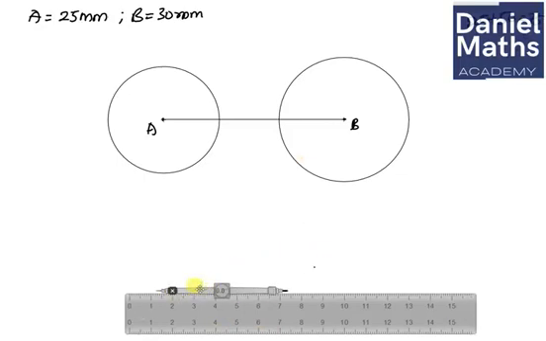This is my 0. Take my pin, mark it off from 0 here. You could also do this another way, but this is the best method I advise you to do.